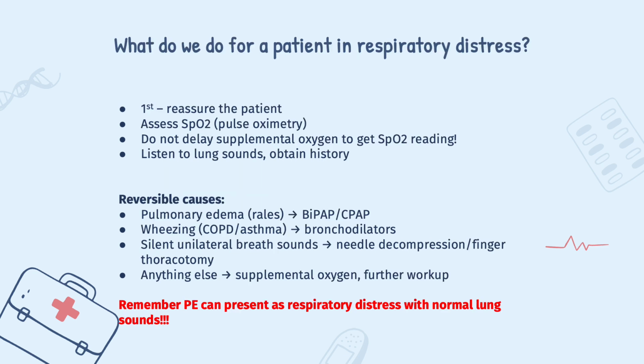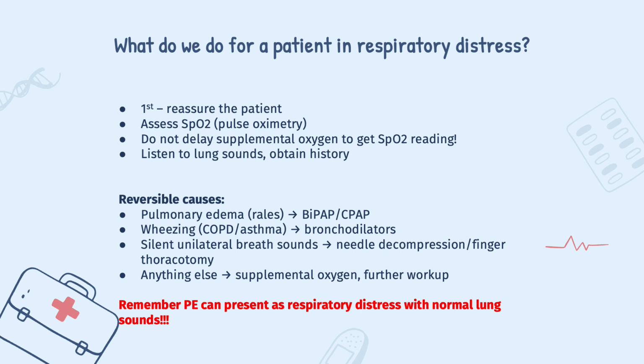So what are we going to do with our patient in respiratory distress? The first thing we need to do is reassure our patient. When patients are short of breath, they are extremely anxious. There is no worse feeling than not being able to catch your breath. So we just tell our patient that we've got them, and we are going to do our best to take care of the situation as soon as possible.